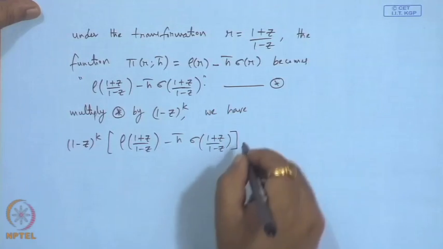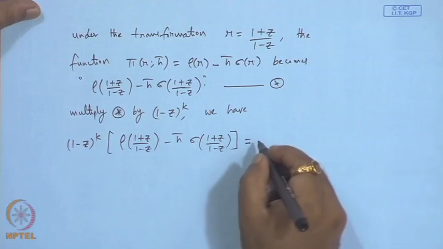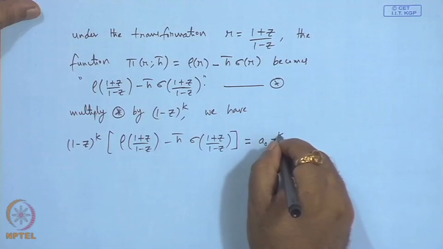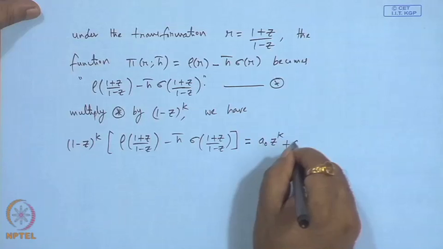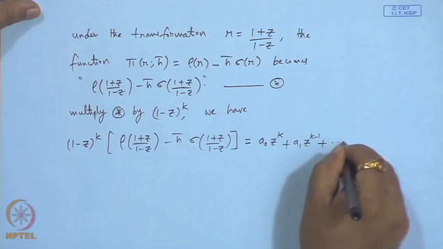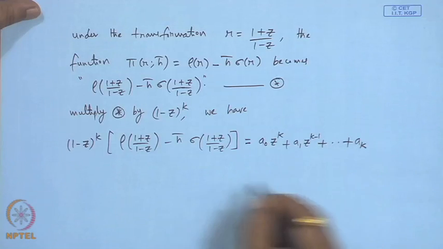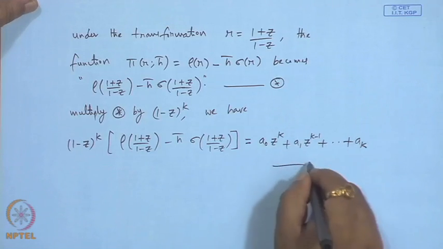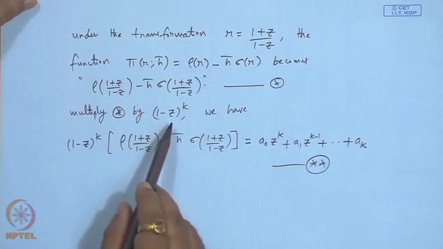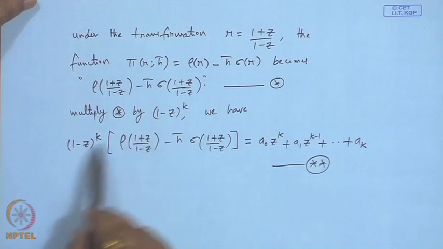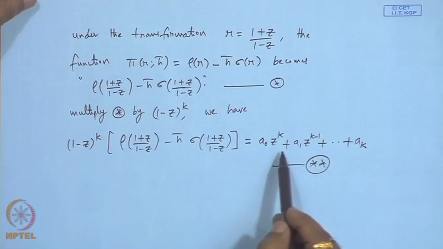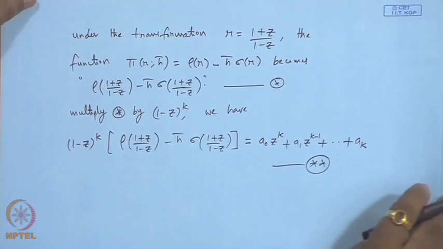So, we get this, and our aim is to identify this as a polynomial in Z.